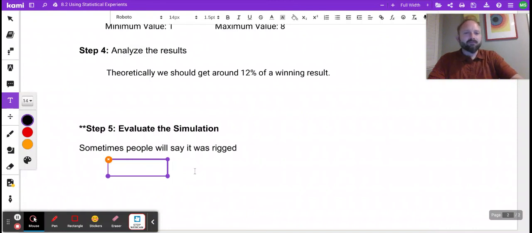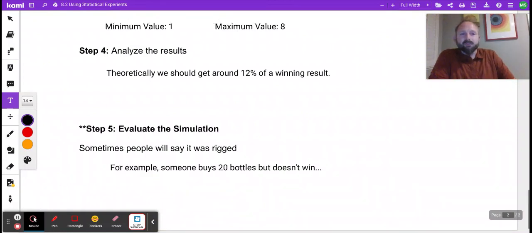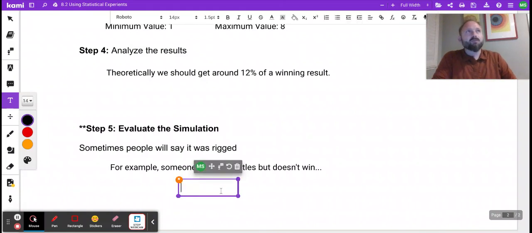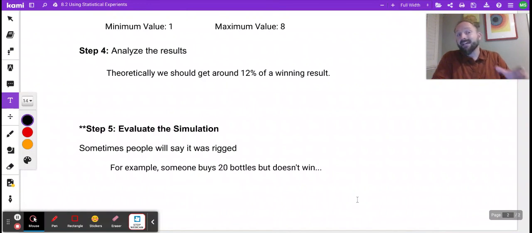So for example, if someone buys 20 balls but doesn't win, I mean, the percentage of losing is about 88%. So 88% of the time, you're not going to get a winning bottle. And so if you buy a low amount, of course you're going to be like, oh man, I should have won at least once.